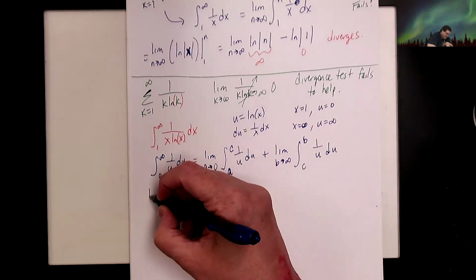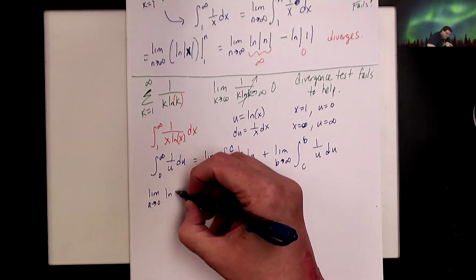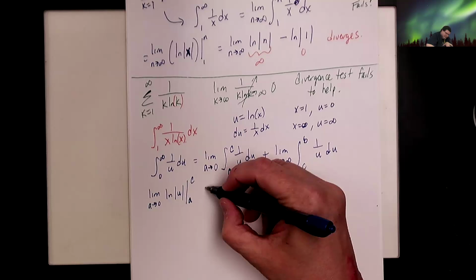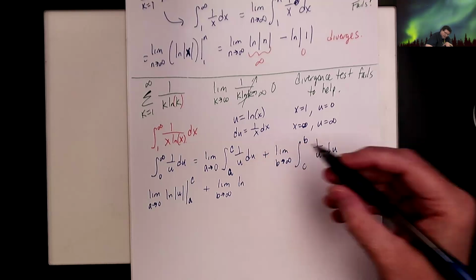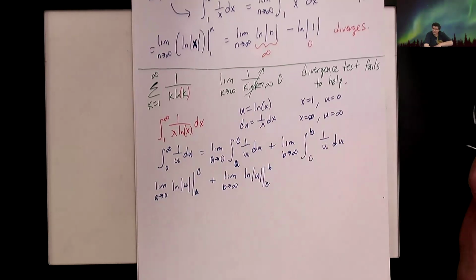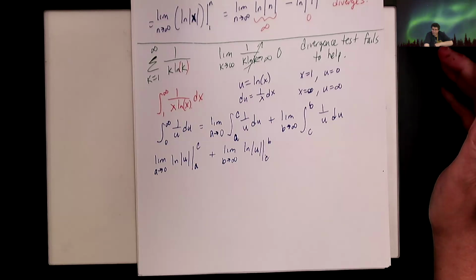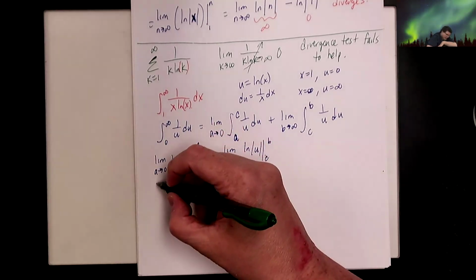In both cases, we've got ln of u, right? From a to c, plus the limit as b goes to infinity of ln of u from c to b. So let's write out what we got.